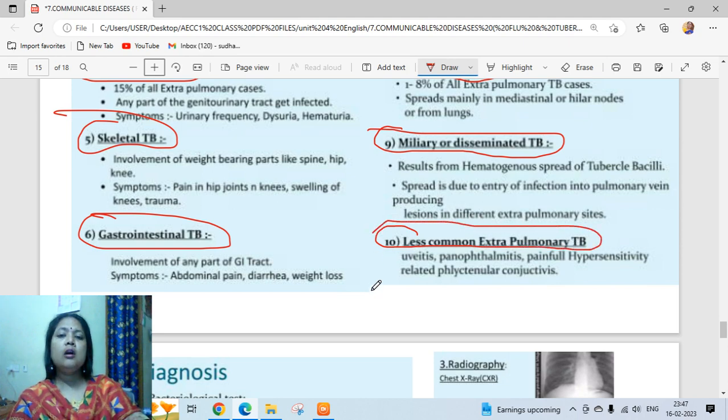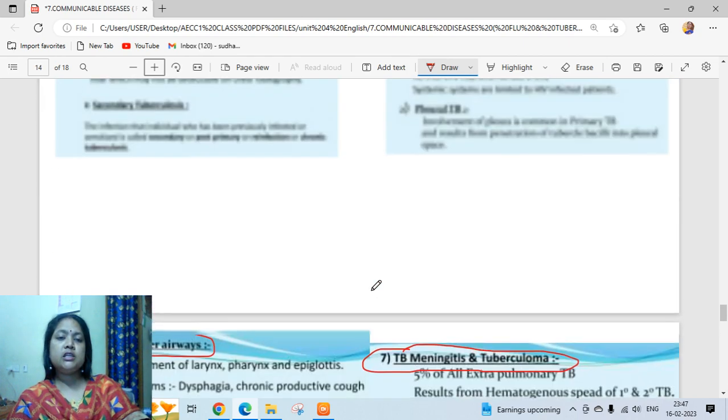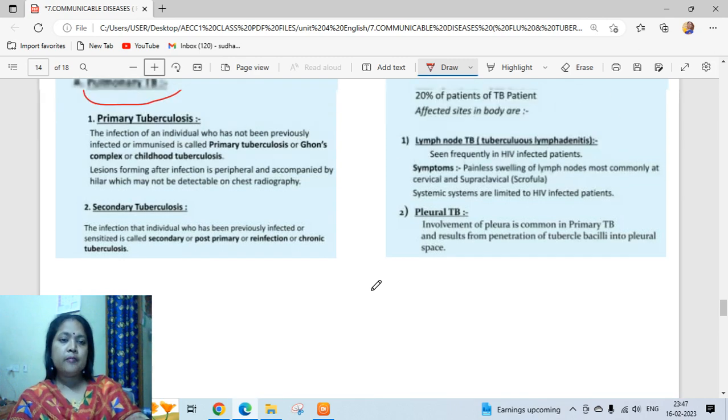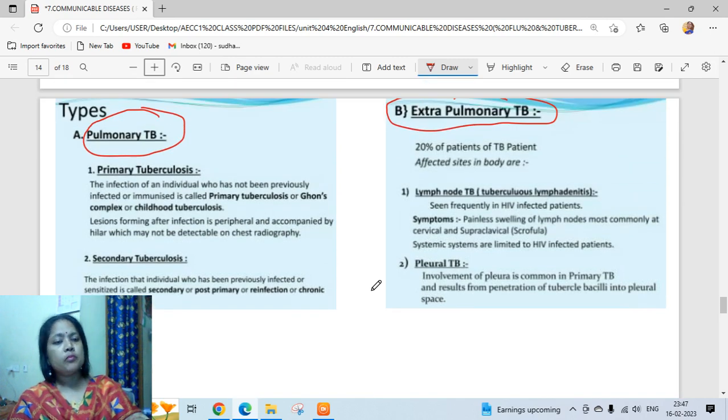These are the 10 different varieties of TB that are commonly found in our country or globally.